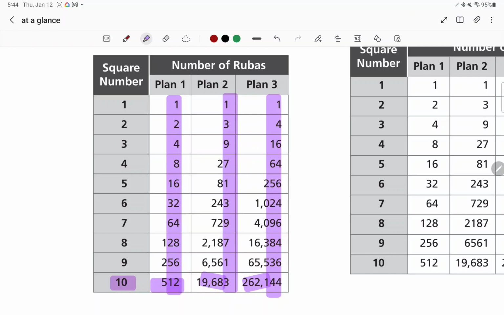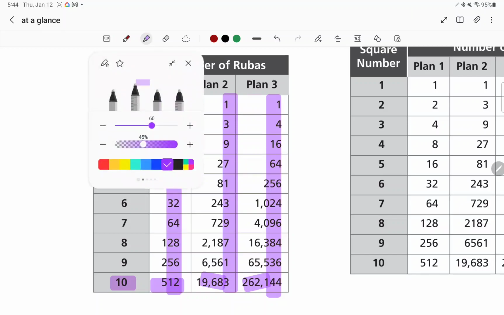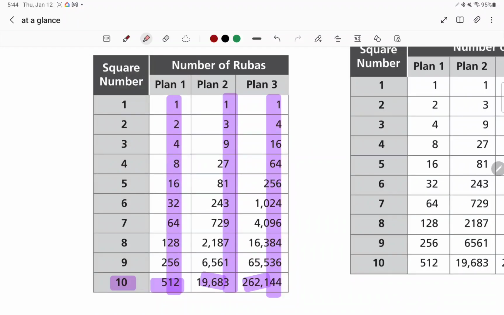Okay, so for 2A, what are the independent and dependent variables? Your independent variable is the number of the square that you're on, because this does not depend on anything else.